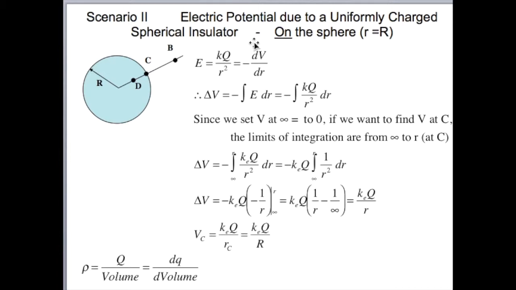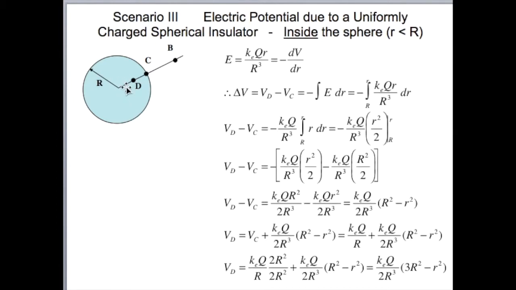Now, on the sphere, on a spherical insulator with uniform charge density, we end up with really the same thing, right? Except now it's kq over r, where r is the fixed radius of the sphere.